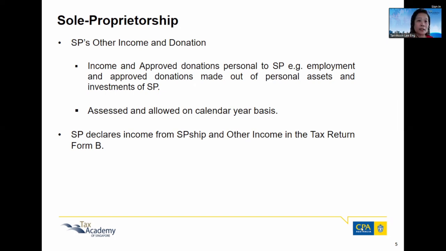All these three types of income he has to declare in his Form B under sole proprietorship income, partnership income, and employment income. So just bear in mind that an individual sole proprietor or self-employed person will receive a Form B and he is supposed to declare his income from all sources in his income tax return Form B.